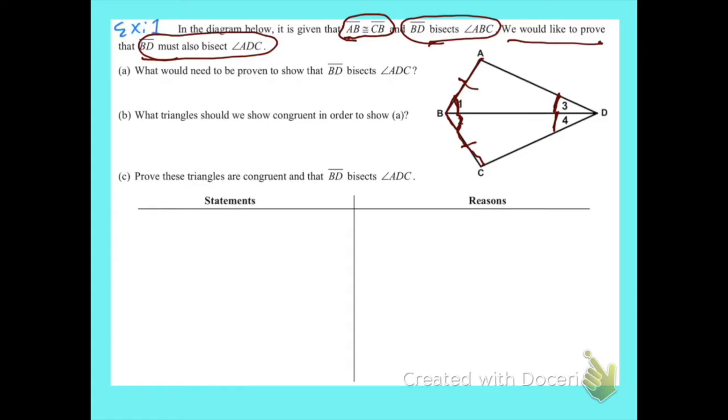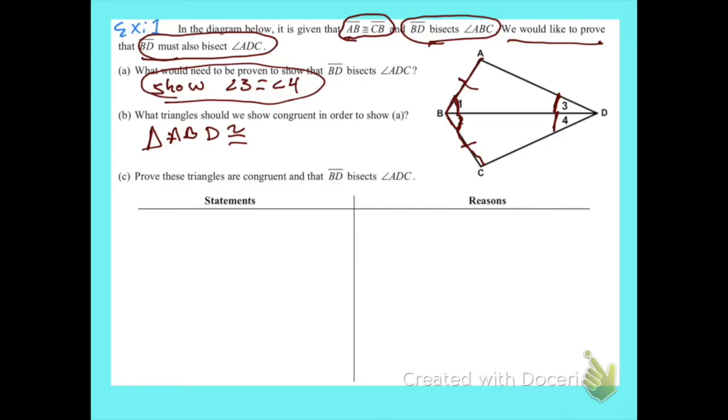So this means show angle 3 equals angle 4. That's what we need to show. In order for that to be true, we need to prove that triangle ABD is congruent to a triangle.